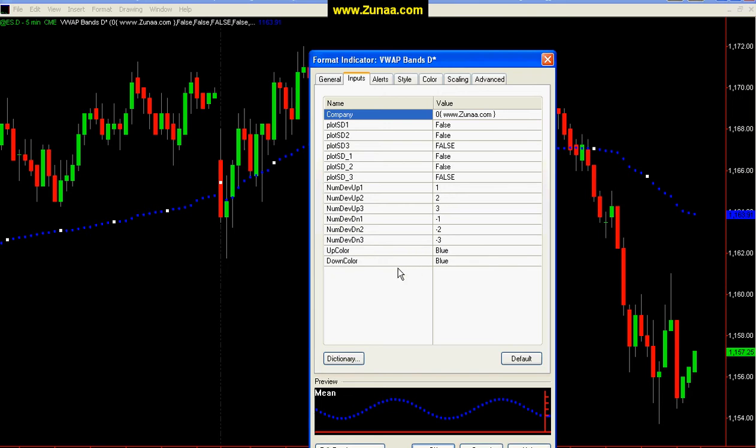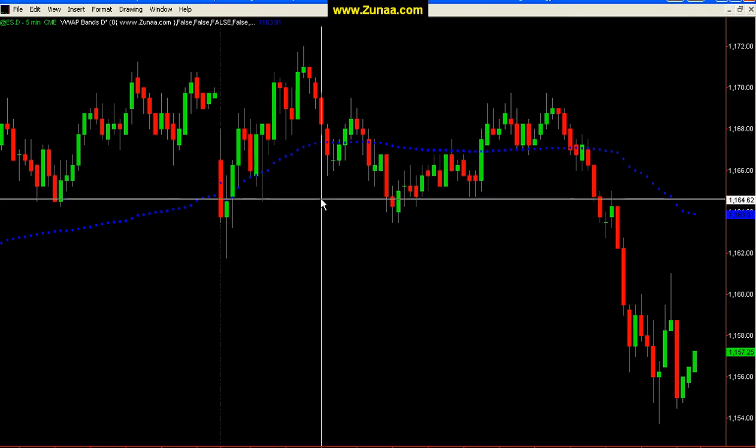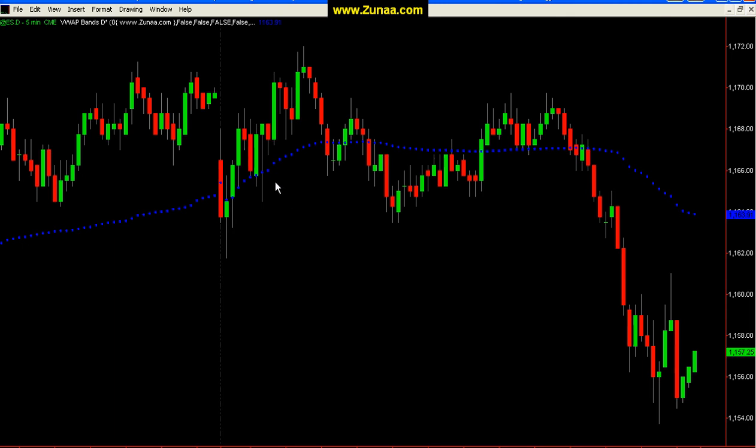And you have your up color and down color, which I like to have as the same color, but up color would mean that if volume weighted average price is moving higher, then it would print the up color, and if you had a different, let's say a red color, for a down color, when it's moving downwards it would turn red.